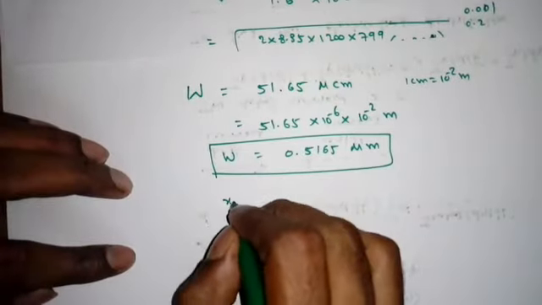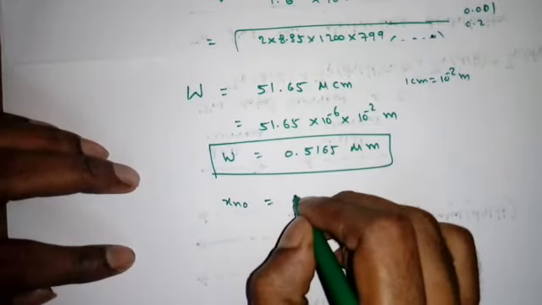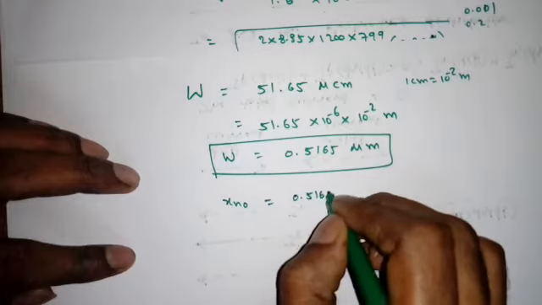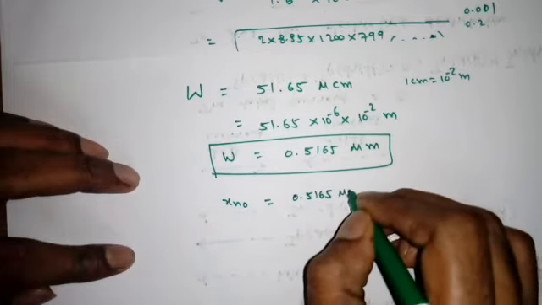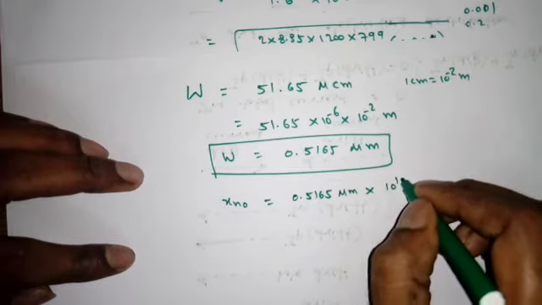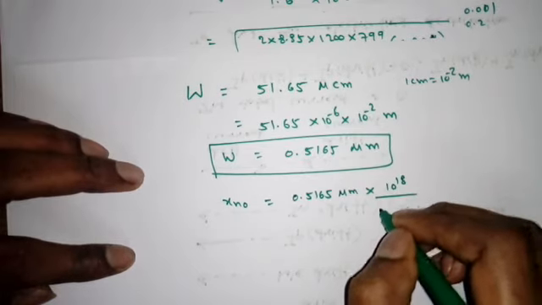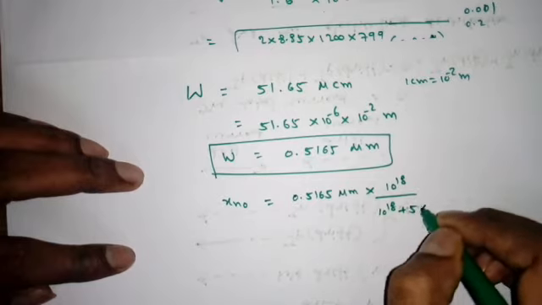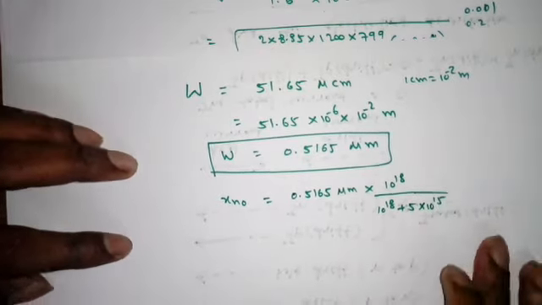So what is xn naught? Xn naught is equal to W, that is 0.5165 micrometer into Na. Na is given as 10 to the power 18 by Na plus Nd. So 10 to the power 18 plus 5 into 10 to the power 15, right?